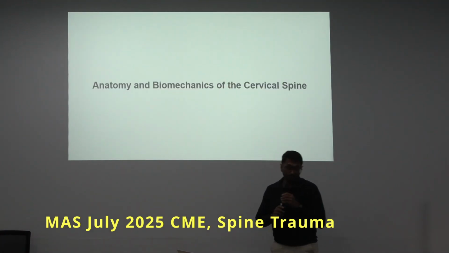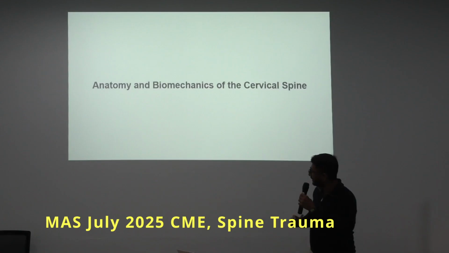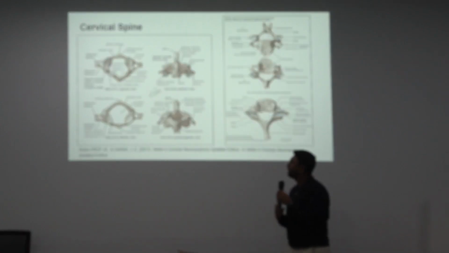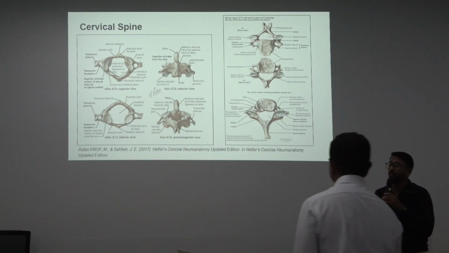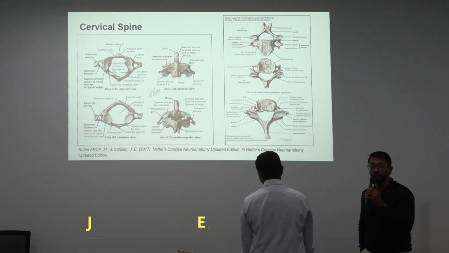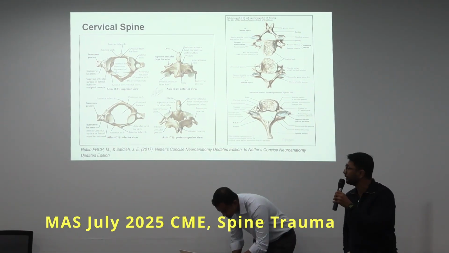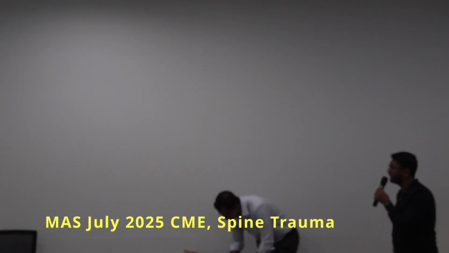Now coming down to cervical spine biomechanics and anatomy. I find the cervical spine to be the most unique of all, because there are a lot of morphological changes compared to the thoracic or lumbar vertebral bodies.